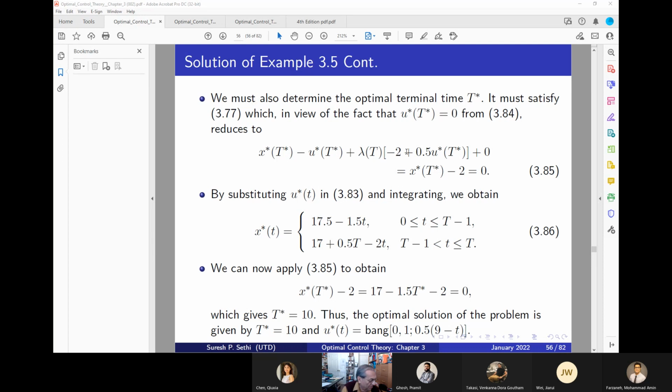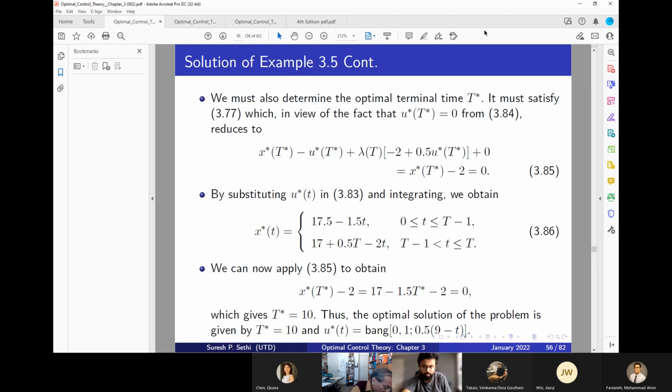So I'm glad, the book doesn't have to be changed. Okay, slide 82. Slide 82. 3.85.